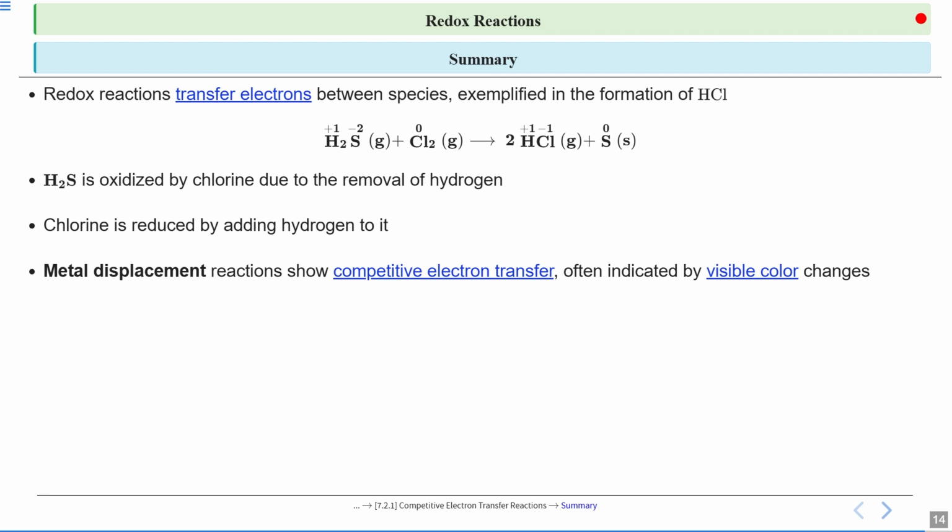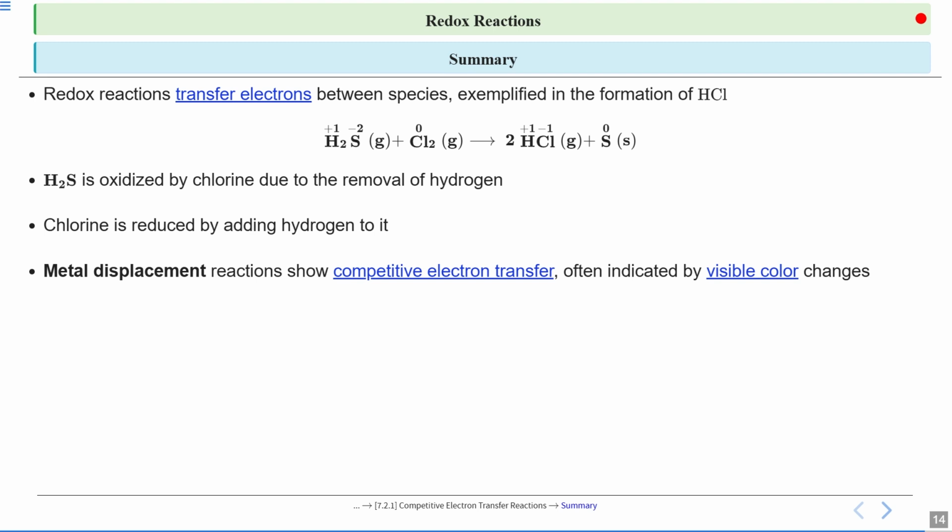In metal displacement, the metal that loses electrons more easily will displace the other metal from its compound. This is the most important line here.